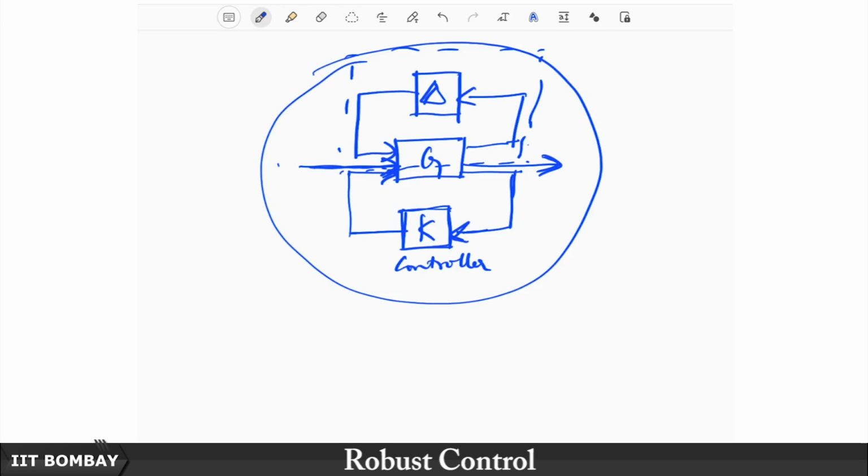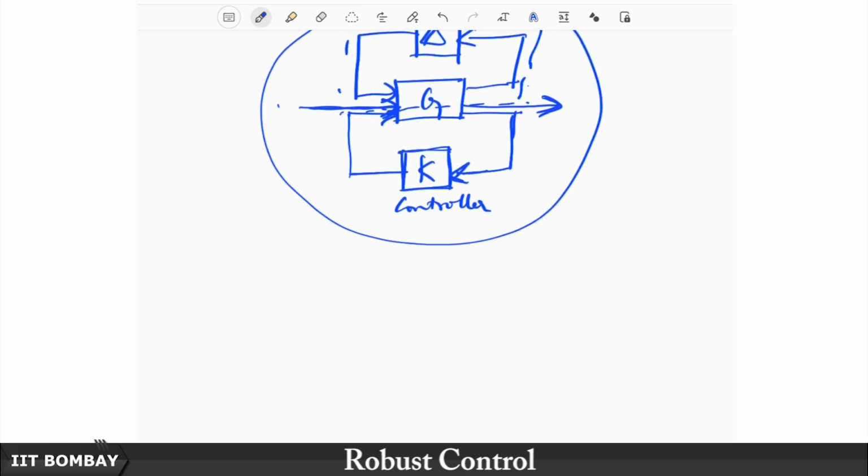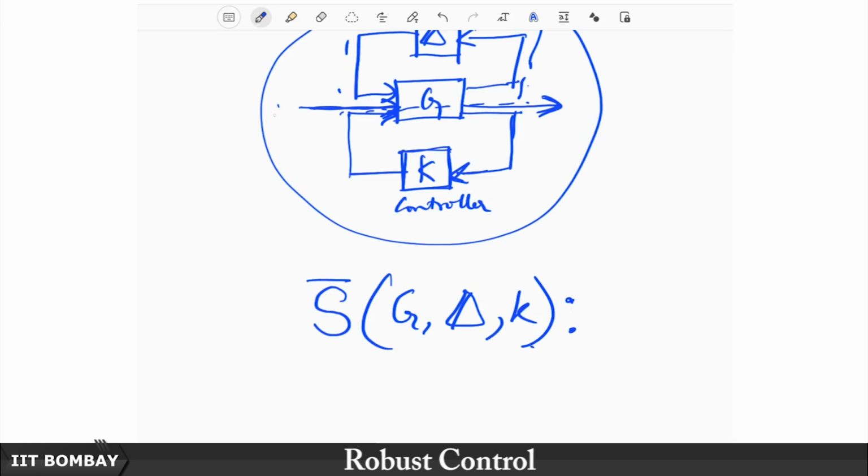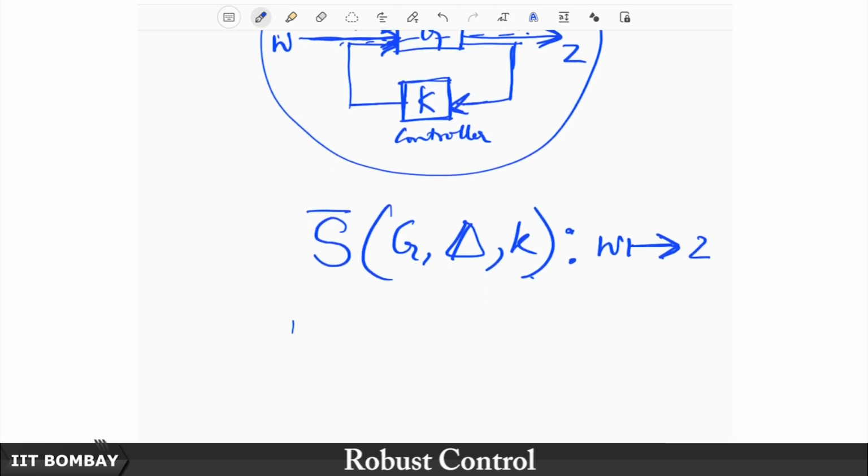So what we want is that overall this map, let us say this map S of G delta K, should be a map from W to Z. If we want to find out this map from W to Z, then we will say that we want this S delta, this magnitude, to be minimum.